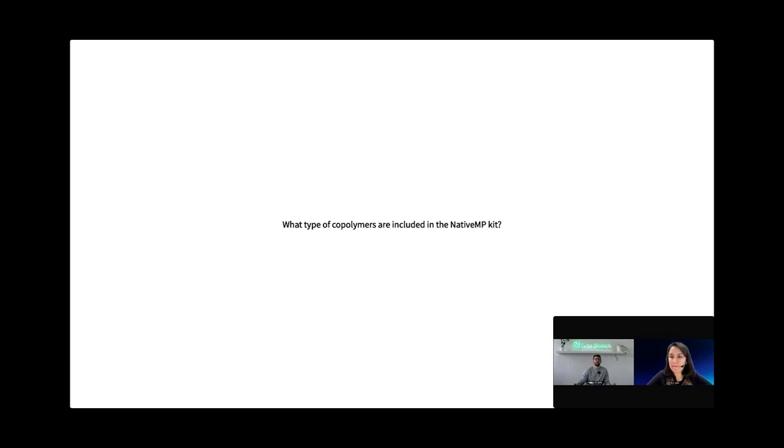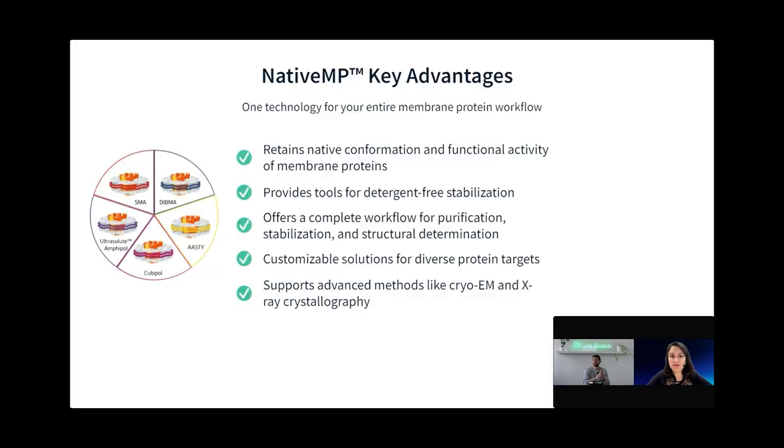So in the NativeMP kit, we have 5 different backbones. We call them copolymer families. This is the classical SMA everybody has basically heard about. Then DIPMA, which has been developed more or less at the same time. We have the ASTIs, a backbone developed by Anton and Henriette Autzen.